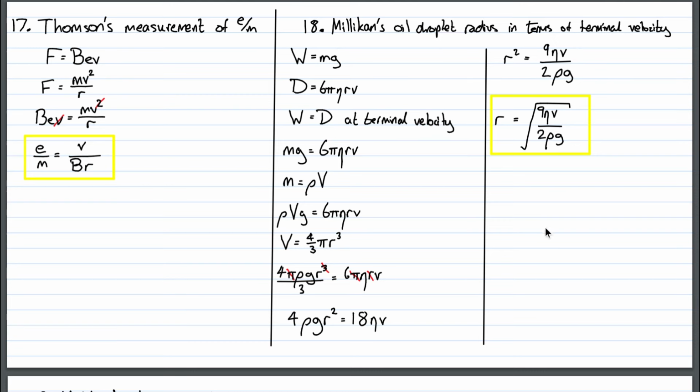This is a standard derivation that you need to know for the turning points option. The weight of an oil drop is the mass of an oil droplet times the gravitational field strength. And if the oil droplet is moving through a fluid, it's going to experience a drag force, I've used D for that, equal to 6 pi eta rv.